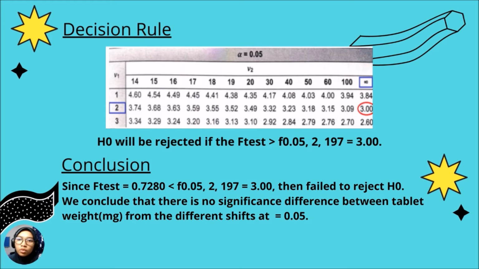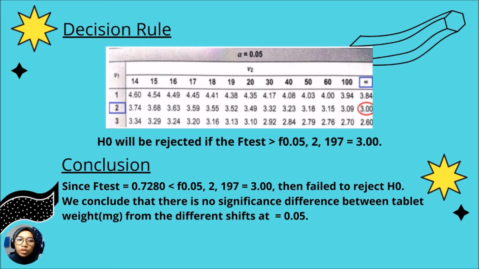For the decision rule, H null will be rejected if F test is more than F alpha, V1, V2. Alpha equals 0.05, V1 equals 2, while V2 equals 197. And from this table, we will get 3.00.